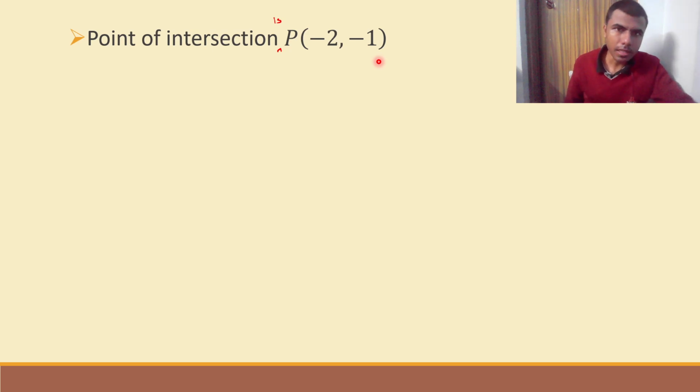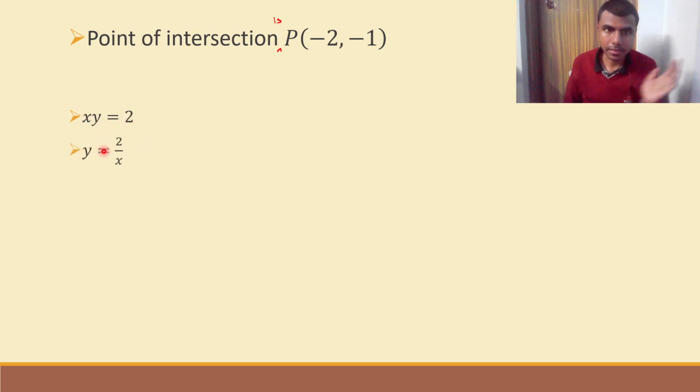Now my first curve is this, xy equal to 2. Stay alert, give me more of your attention. Send this 2 to the RHS. I'd get y equal to 2 by x.